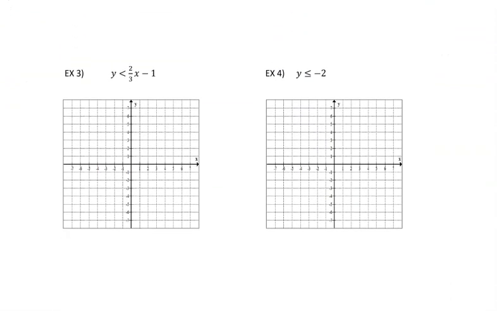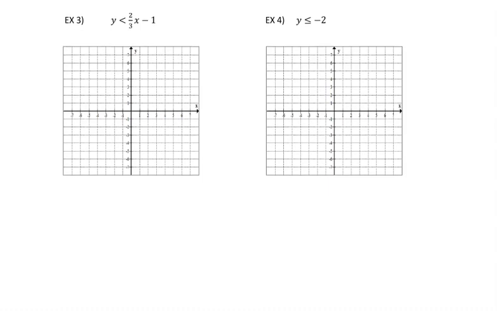So let's look at number 3. For this one, we're going to have y is less than 2/3 x minus 1. Keep in mind that we're going to do a dashed line again, since it's just less than and it doesn't have the or equal to. In this case, our slope is 2/3.